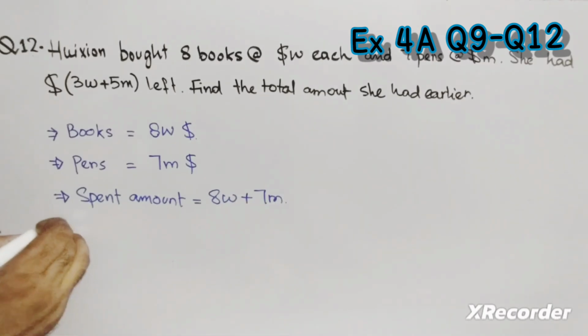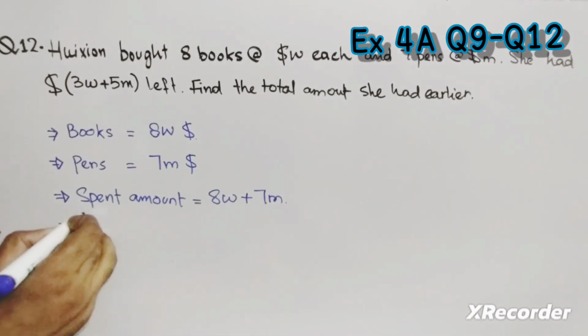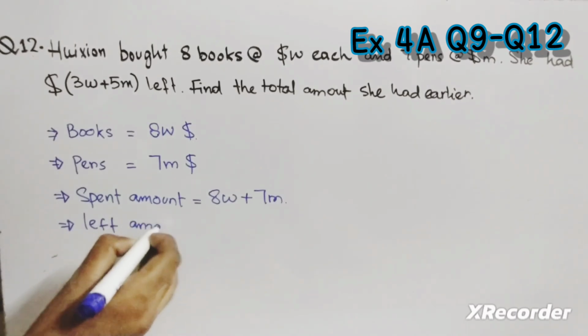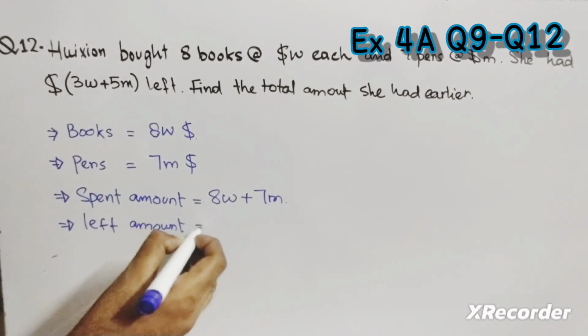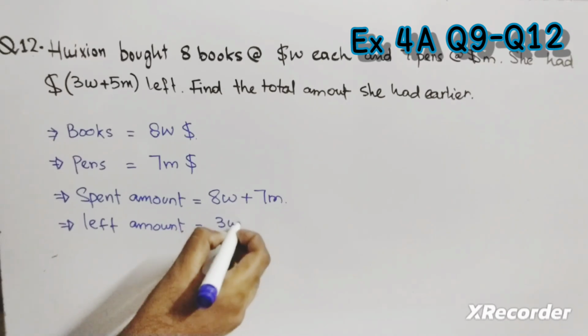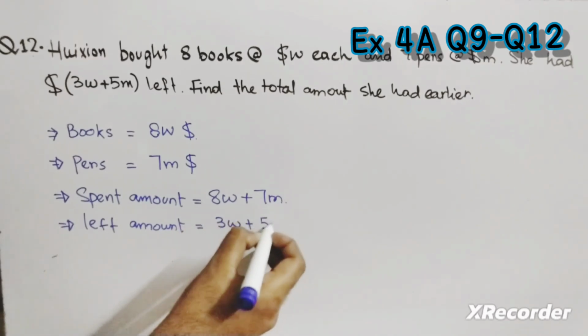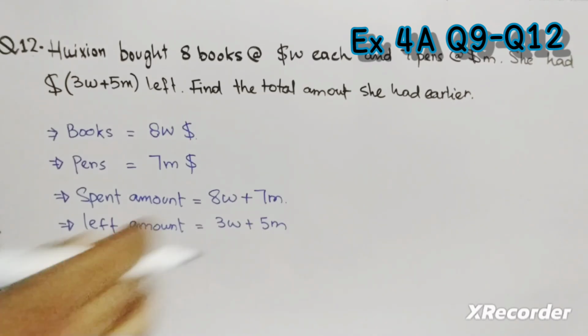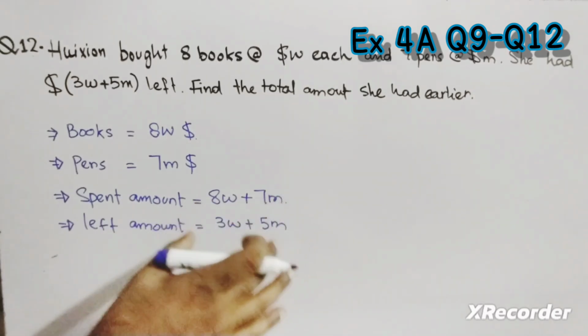Now what is her left amount, which is given in the question? 3W plus 5M. So we are asked to find the total amount she had earlier. So this amount she spent and this amount is left.